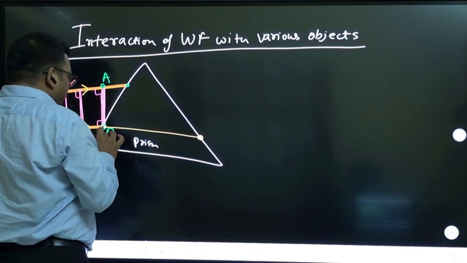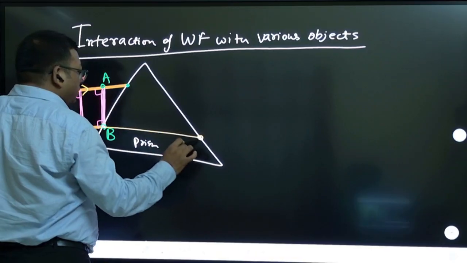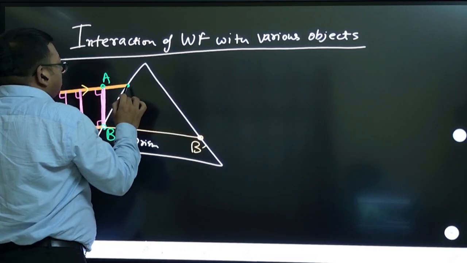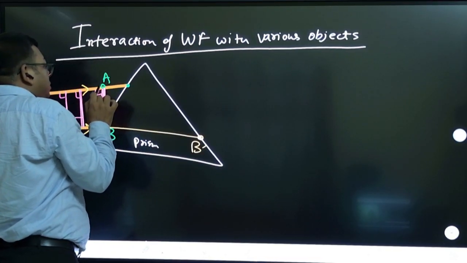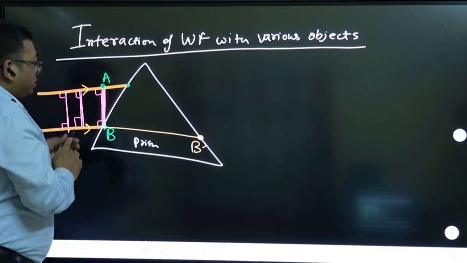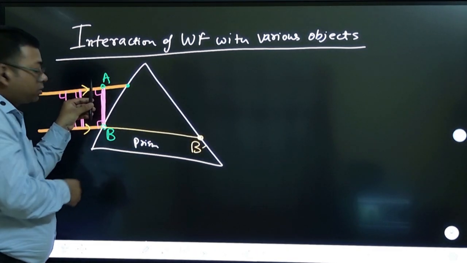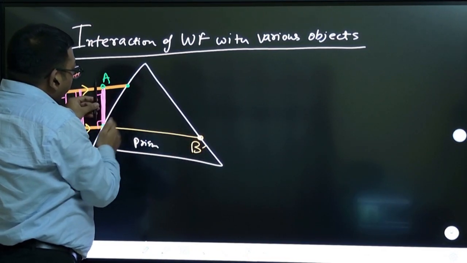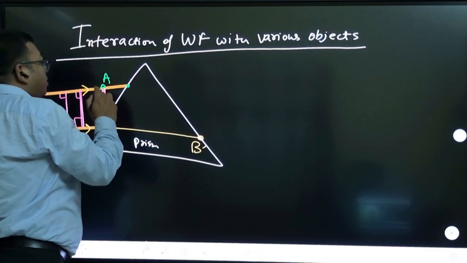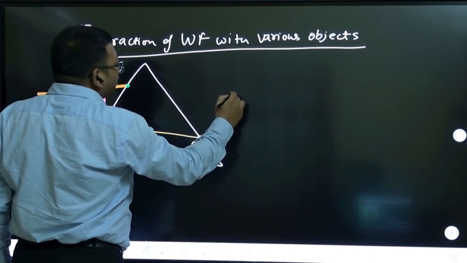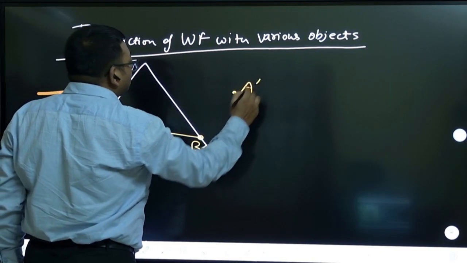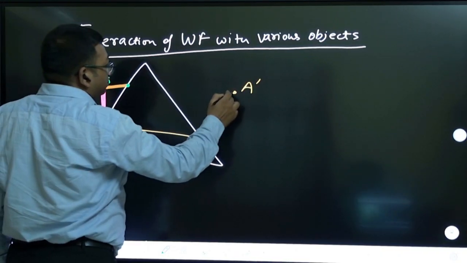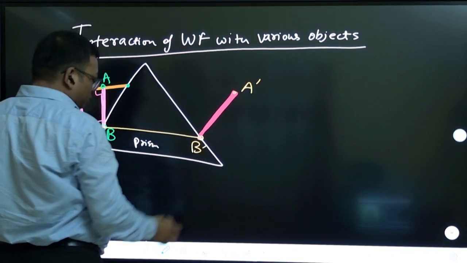By the time this wave comes from B to B dash, from this point, the wave has to travel from the wavefront we are talking about, which is AB. So B comes to B dash. By the time B comes to B dash, this point A will definitely come somewhere here to A dash. Why? You may ask why. You can think about it.